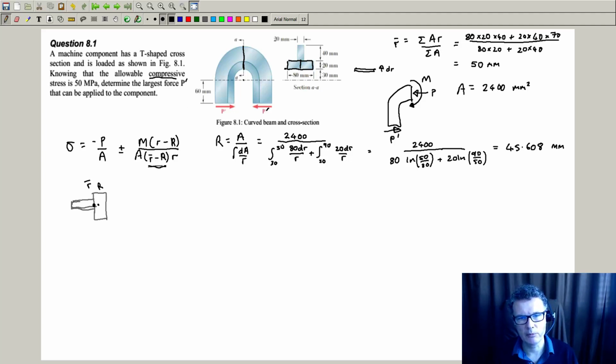What does that mean? If I take M to be positive, A is obviously positive. The compressive stress, so where are we looking for compression?